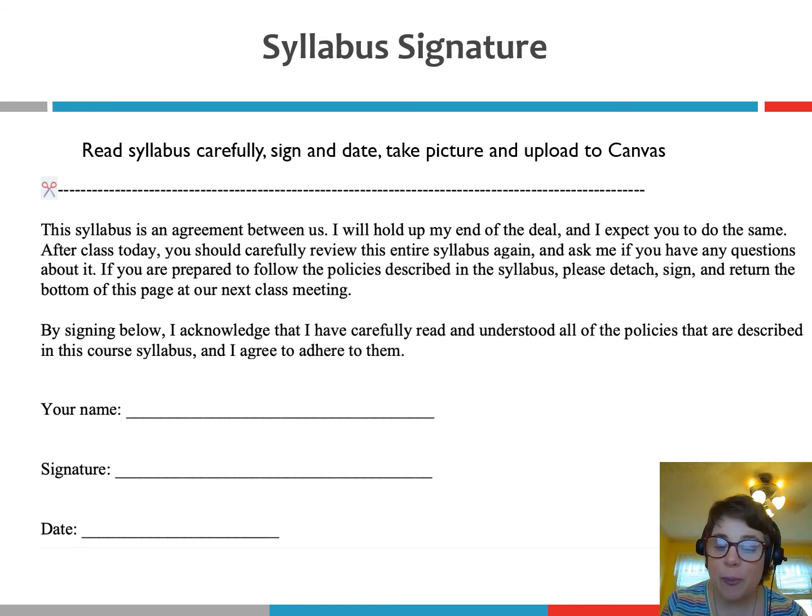You can certainly go in and type your name and your signature if you are using an electronic copy and you don't have an iPad with a stylus or whatever. So give some means of electronic signature if you have to. And then go ahead and snap a photo of it. So using your phone camera, just take a picture of the paper with your signature and upload it to Canvas.